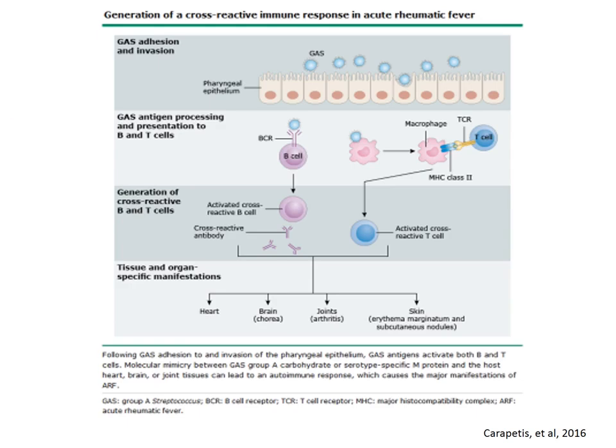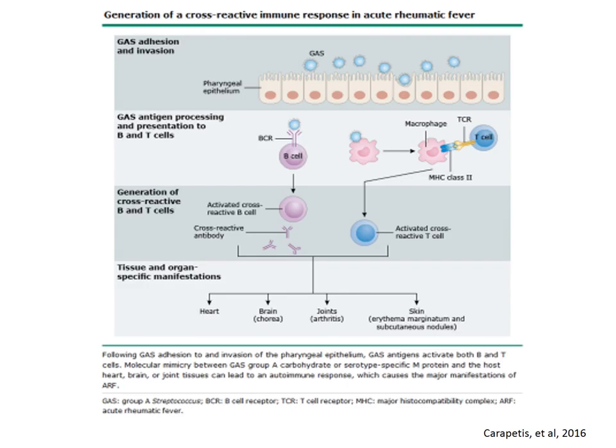We can see here the group A strep adhesion and invasion of the pharyngeal mucosa or pharyngeal epithelium, followed by the antigen processing and presentation to B cells and T cells.